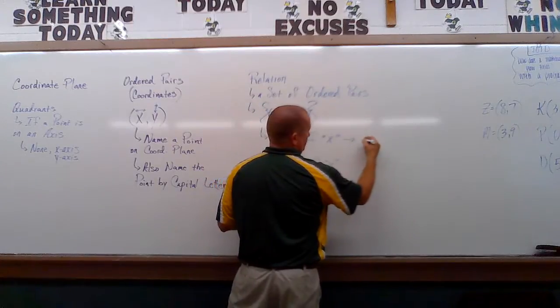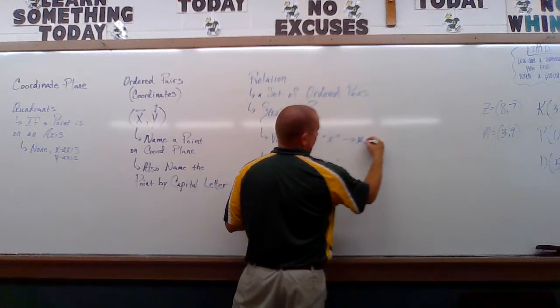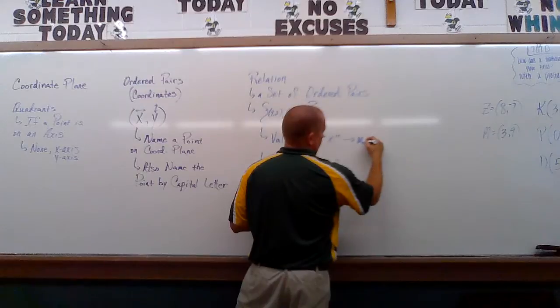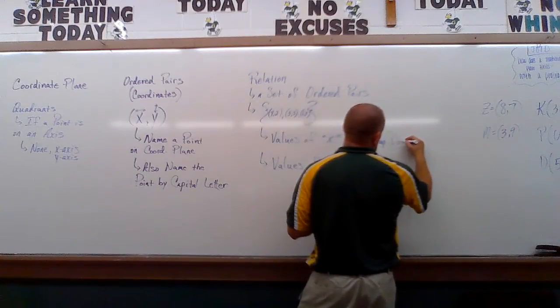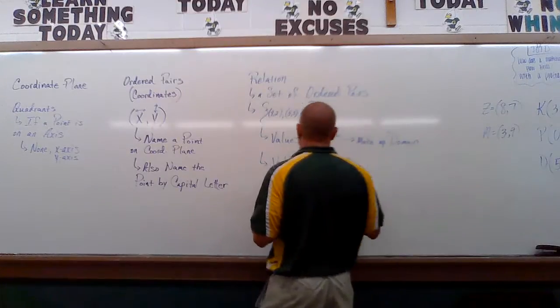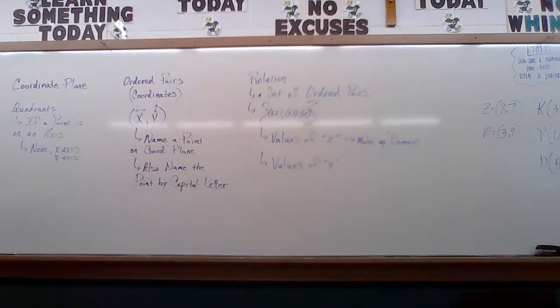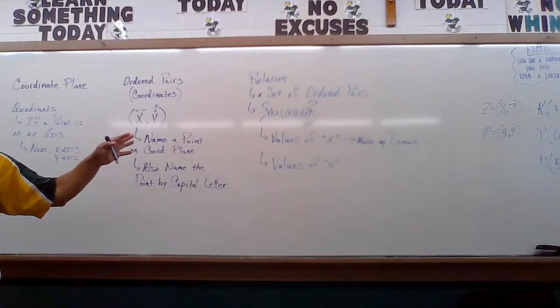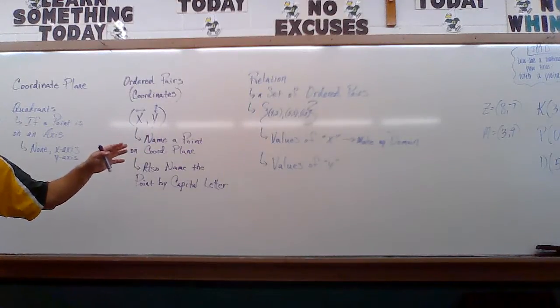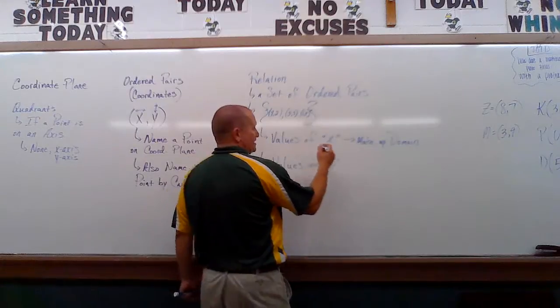The values of x make up the domain. Ever heard the word domain? So anytime somebody says, hey, what's the domain of that graph? Or what's that domain of that relation? You're simply looking at all the x values in the problem. Okay? And then I would list them as a set.